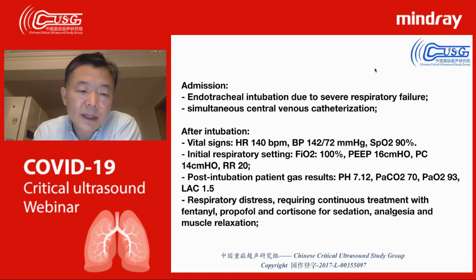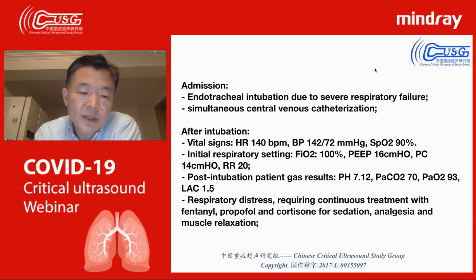The ventilator setting was FiO2 100%, PEEP 16, pressure control mode 14, and respiratory rate 20. The gas examination showed pH 7.12, PCO2 7, PO2 93 mmHg, and lactate 1.5.